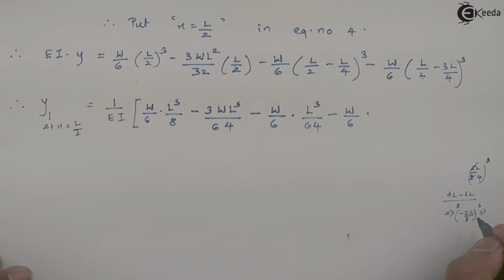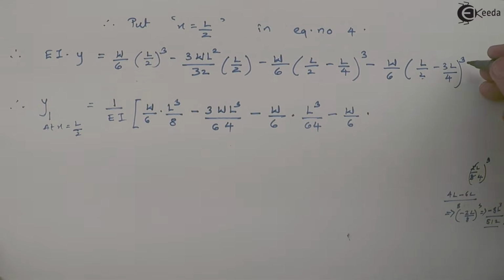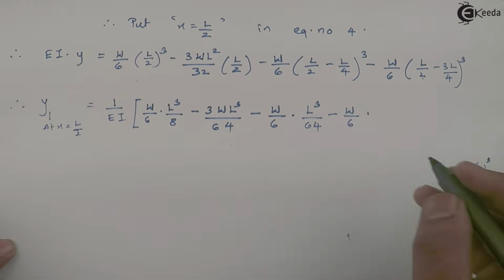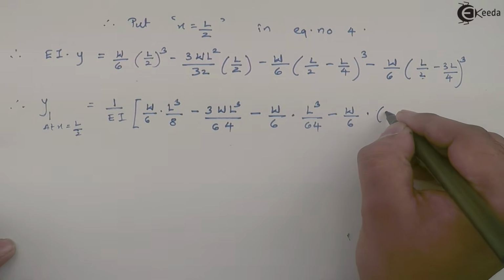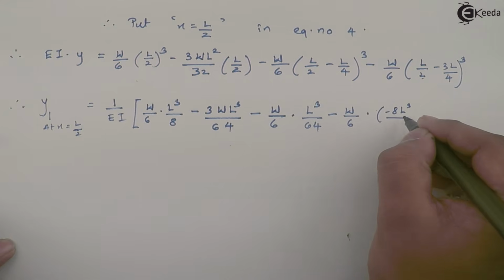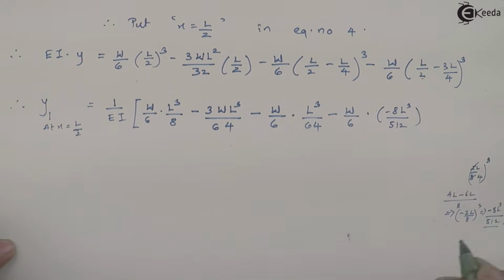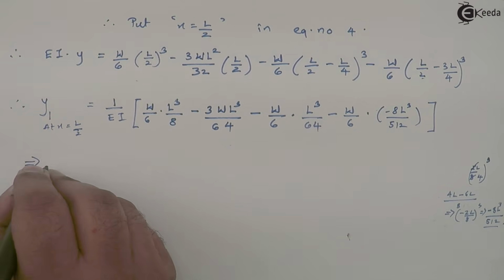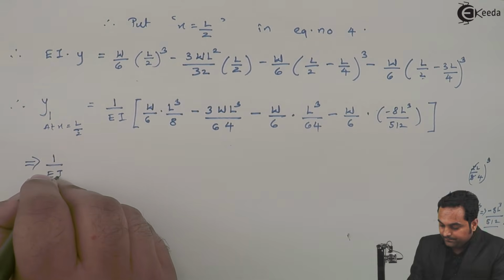So that becomes minus 8L cube upon 8 cube, that comes out to be 512. So here I am having the value of this as minus 8L cube upon 512. So therefore 1 upon EI.